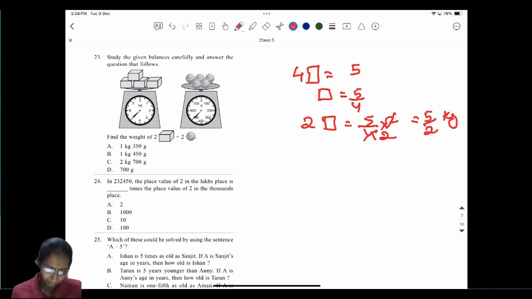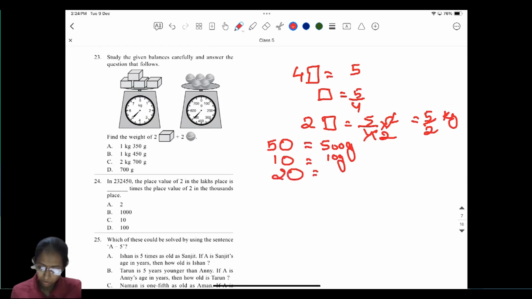2 kg, sorry. And when you see the 5 balls, it is again equal to 500 grams. That means 1 ball is equal to 100 grams and 2 balls is equal to 200 grams.